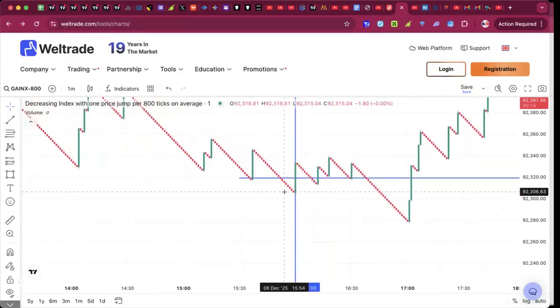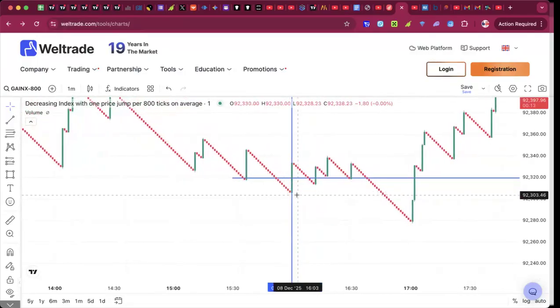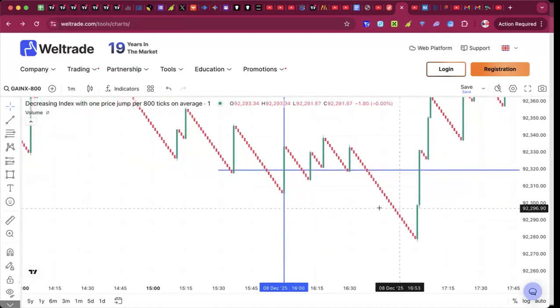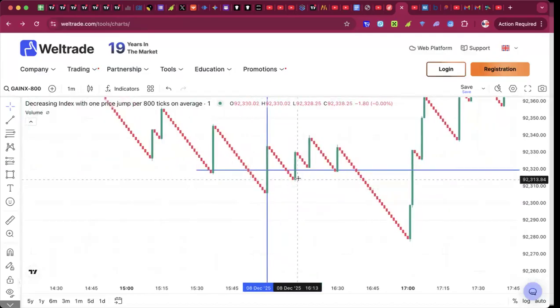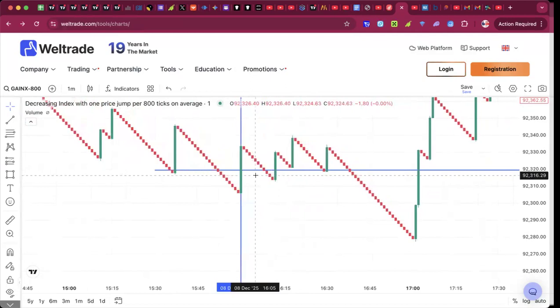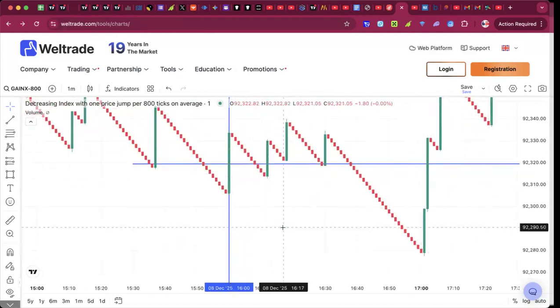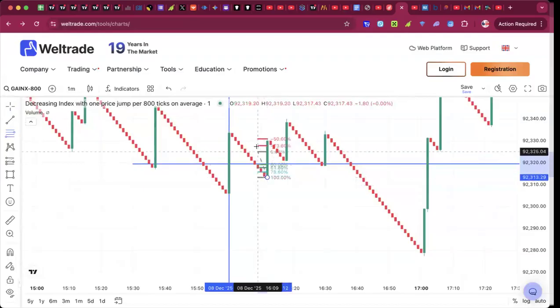As you travel to 1 minute, the first candle that closes above that line, you take the fib level. So let's go on that fib level. You're going to take your Fibonacci retracement from the low to the high.